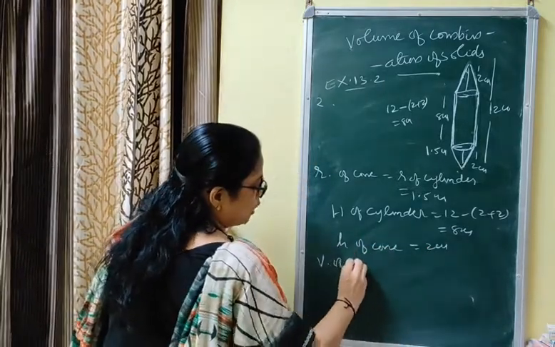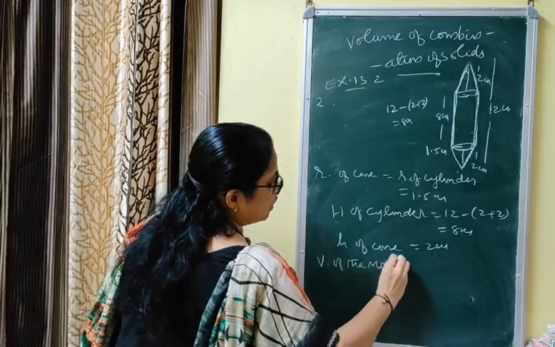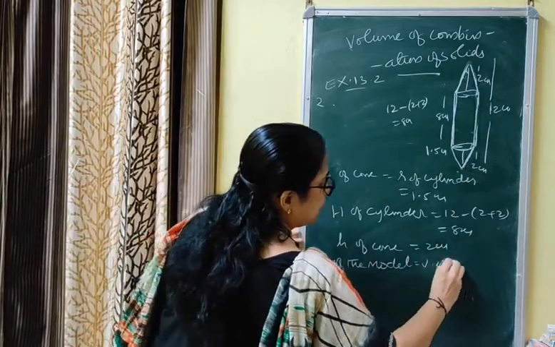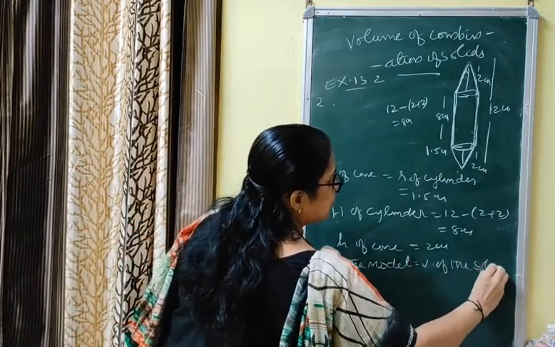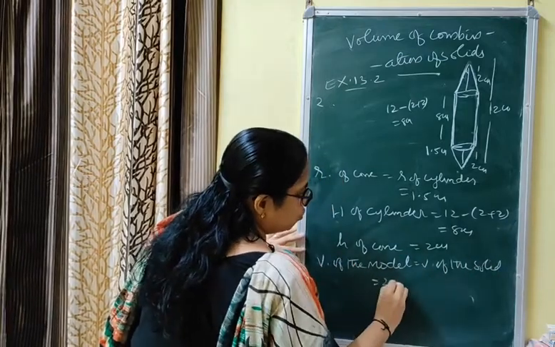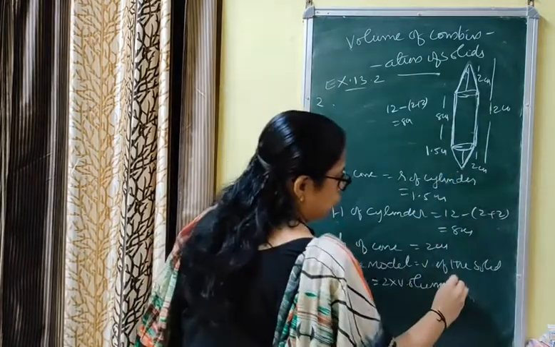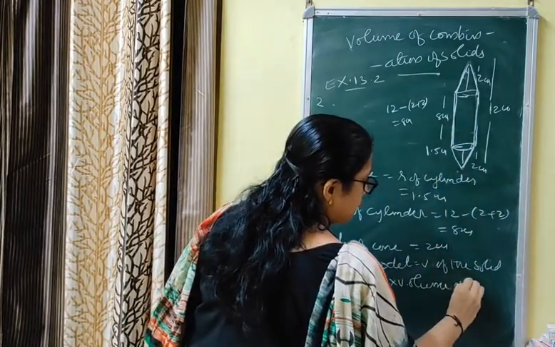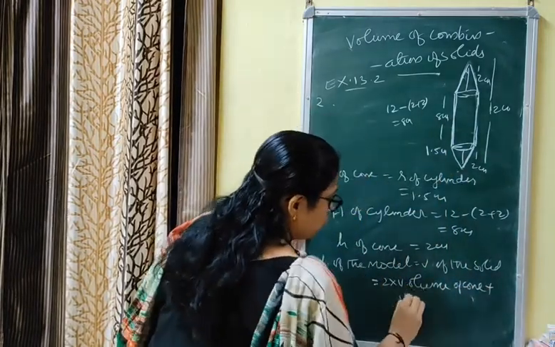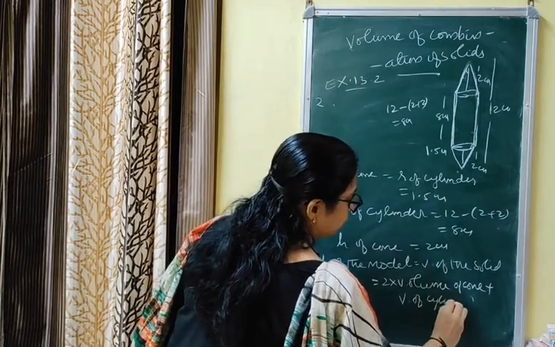Volume of the model is equal to volume of the solid given, that is 2 into volume of cone, because there are two cones, 2 into volume of cone plus volume of cylinder.